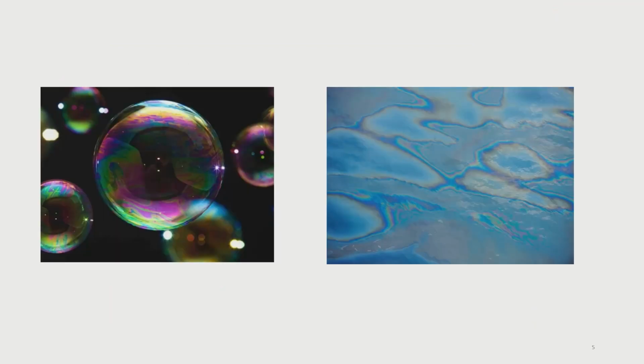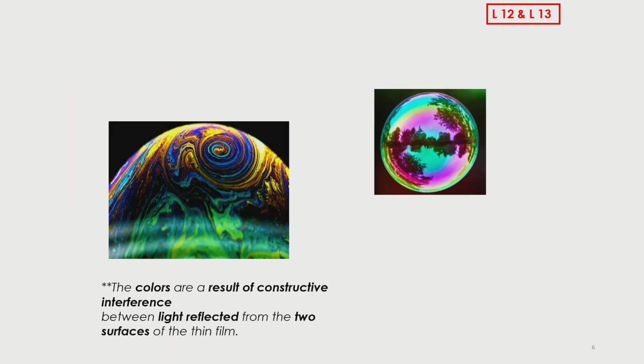Do you ever wonder what makes a soap bubble, and a thin layer of oil floating on water, show colors? The answer is the thin film of water makes the soap bubble. These two are examples of thin film interference that we can see in our daily life.